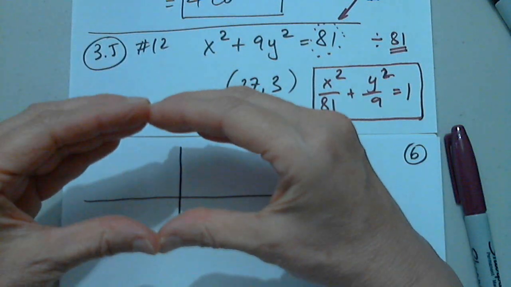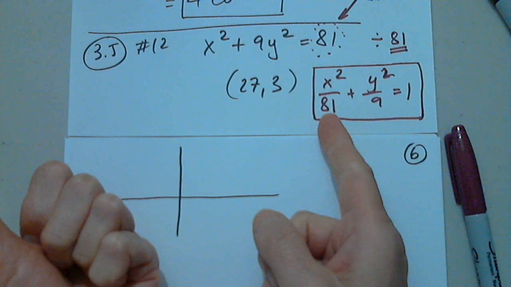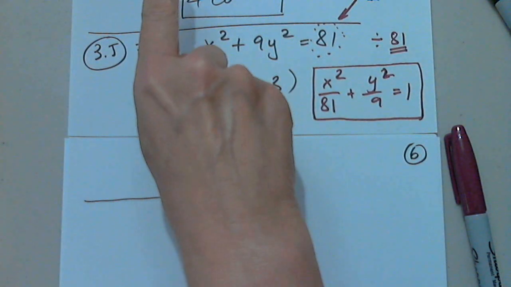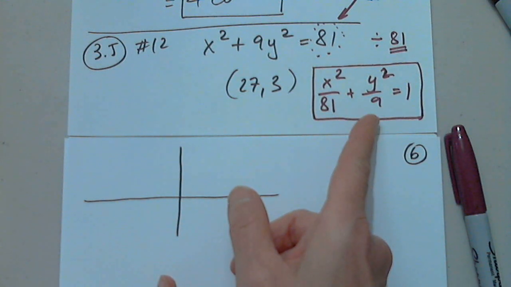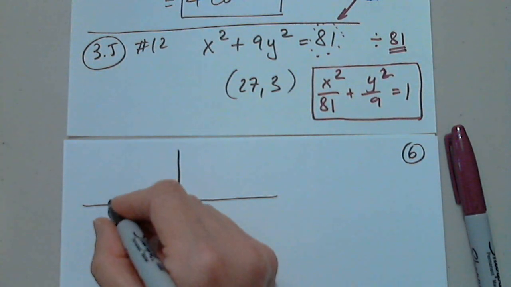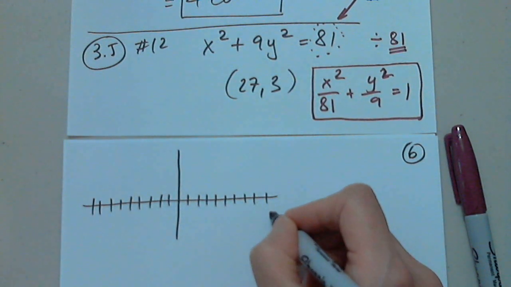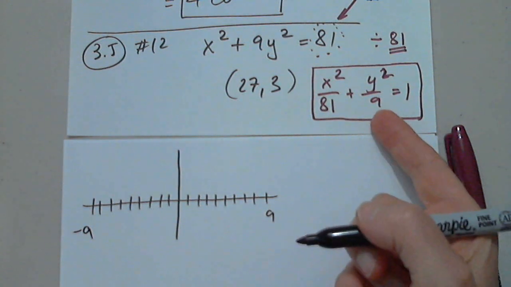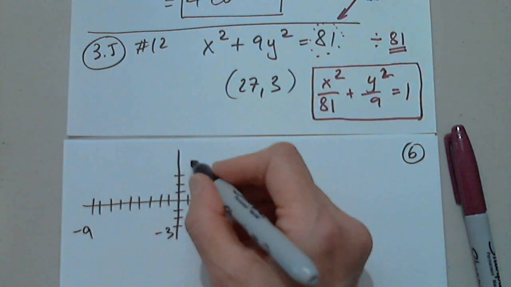On the horizontal axis, the x-axis, how far this way? 9 and 9. How far this way? 3 and 3, the square root and the square root. So 1, 2, 3, 4, 5, 6, 7, 8, 9, and negative 9. Then 1, 2, 3, and negative 3 and 3.